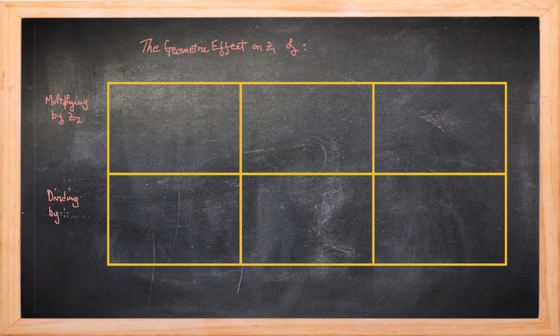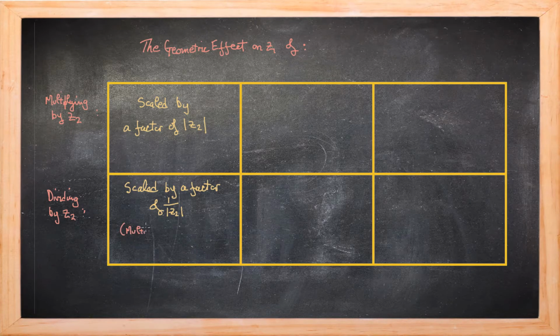So it's what happens to z1 when we multiply by z2 and divide by z2. First of all, multiplying by z2, z1 would be scaled by a factor of the modulus of z2, and if we divide by z2 it would be scaled by a factor of 1 divided by the modulus of z2. Now that's the multiplicative inverse, or the reciprocal, of the modulus of z2.